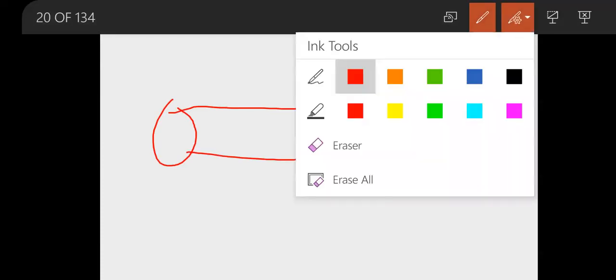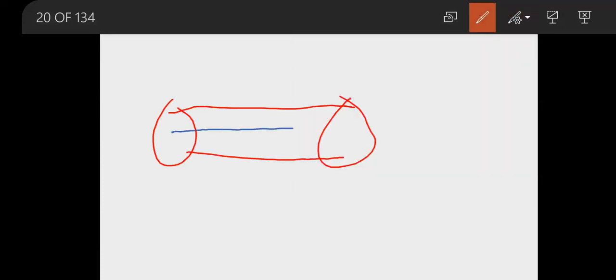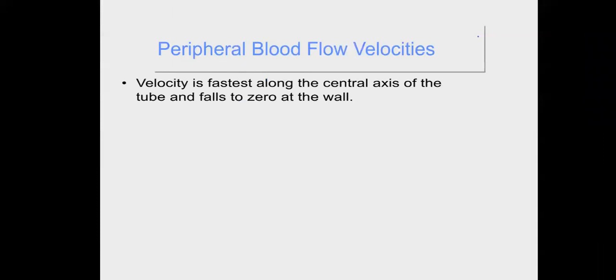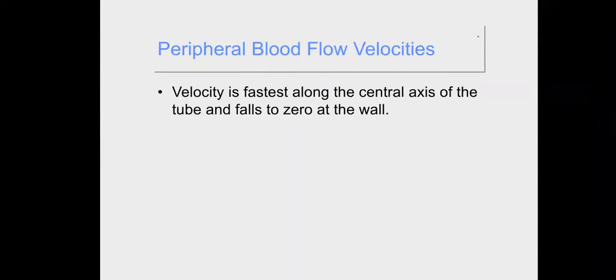The velocity will be at its highest in the central axis of the tube, and it will be at its lowest in the periphery of the tube. The blood in the periphery exerts a shear stress on the walls of the vessels.